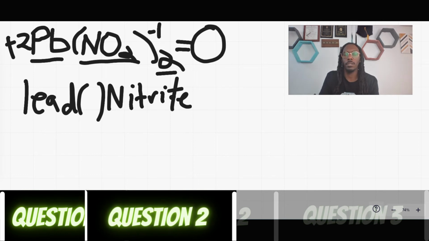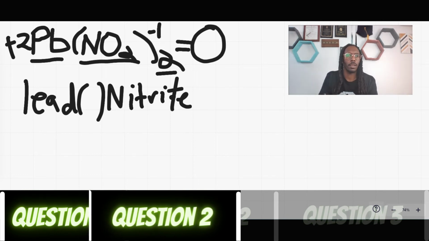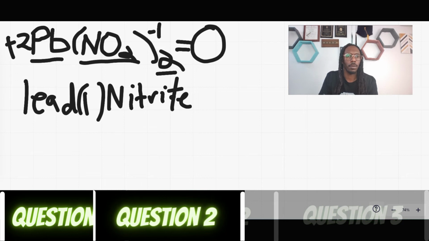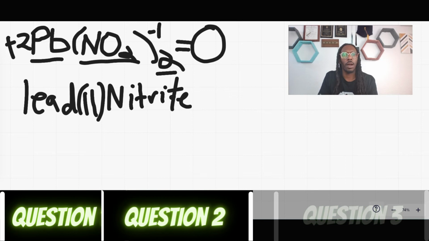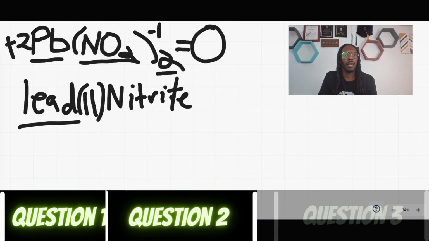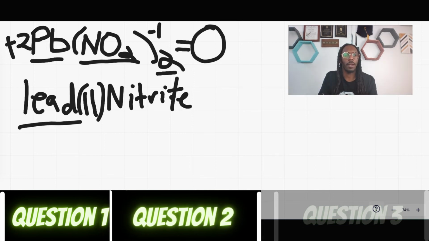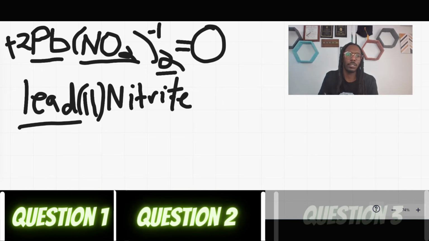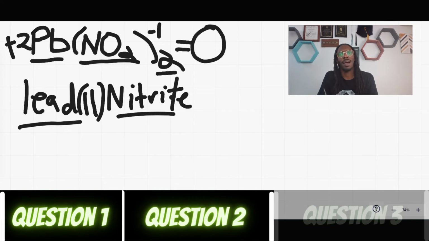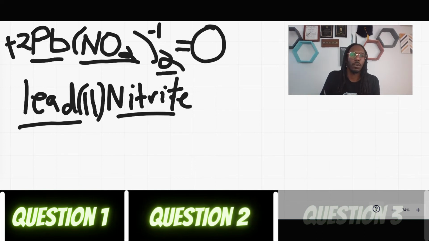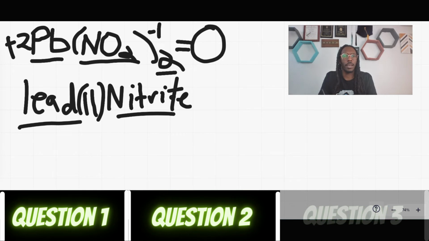I know some math there. So my charge for lead is 2, and my final answer is lead(II) nitrite. This 2 is telling me the oxidation state of my lead. Hopefully you guys got that one right.